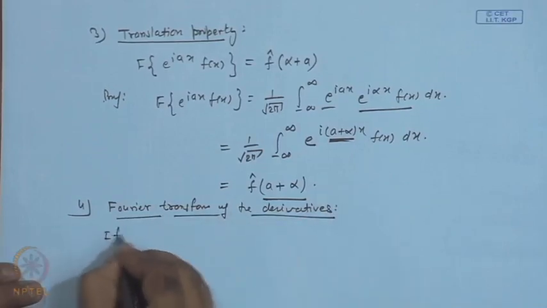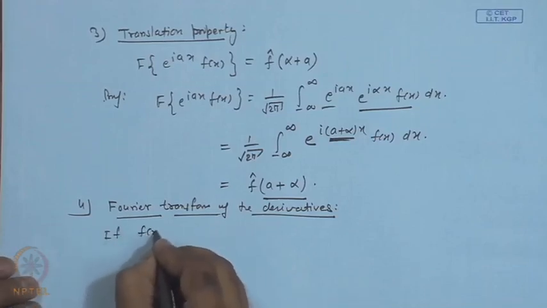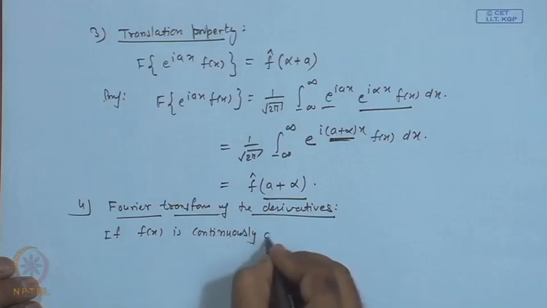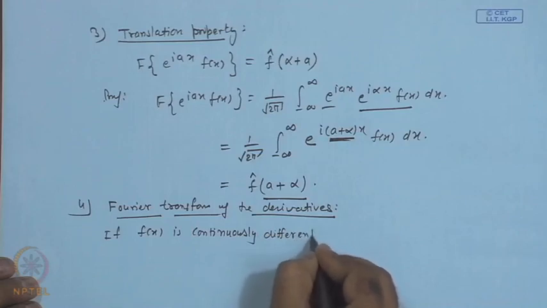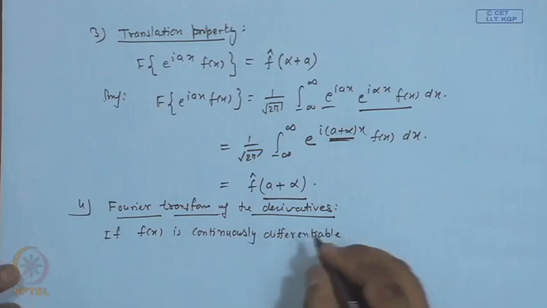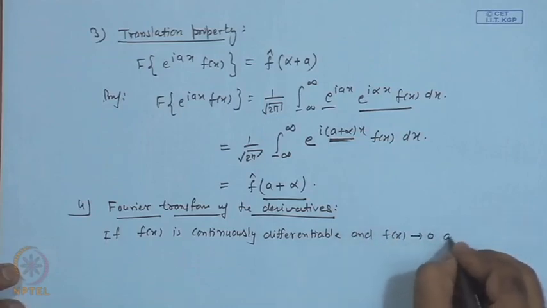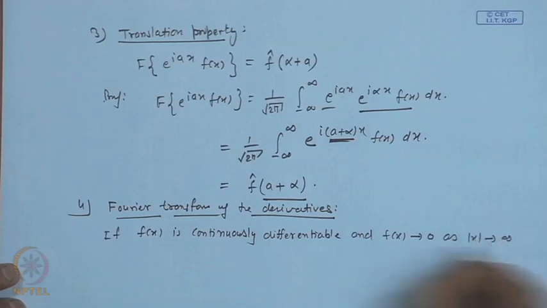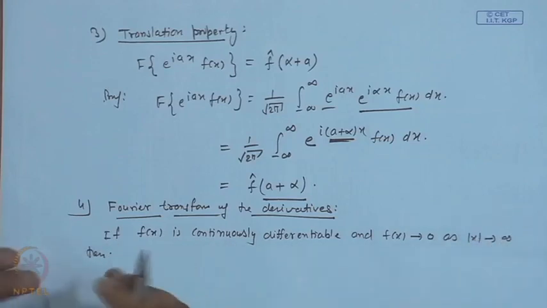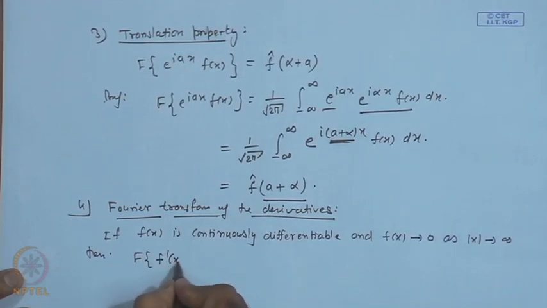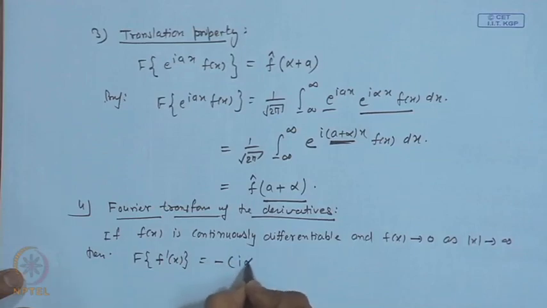In this case, we have some assumptions here, that f(x) is continuously differentiable, so the derivative is also continuous, and f(x) approaches 0 as mod x approaches infinity. This ensures the existence of the Fourier transform of the derivative. Then the Fourier transform of f'(x) will be minus i alpha times the Fourier transform of f(x).